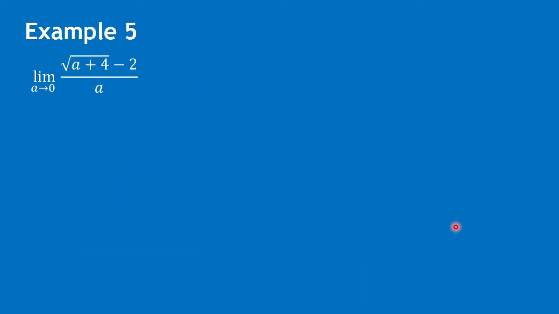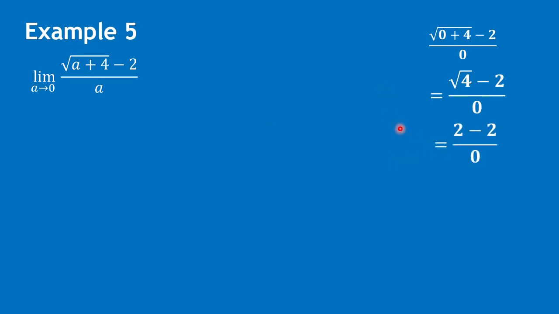For example 5, the limit of the square root of a plus 4 minus 2 over a as a approaches 0. To check if this is really an indeterminate form as a approaches 0, let us substitute 0 to our variable a. So we have 0 plus 4 minus 2.